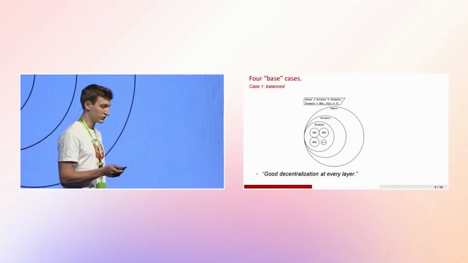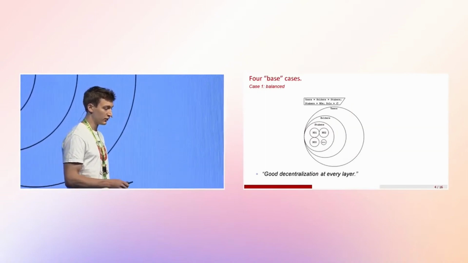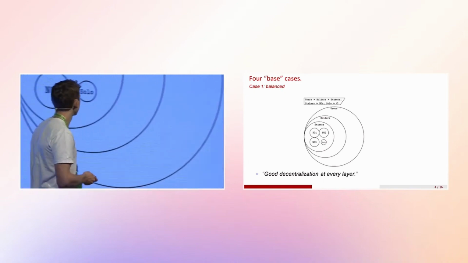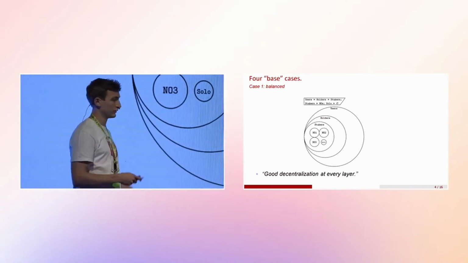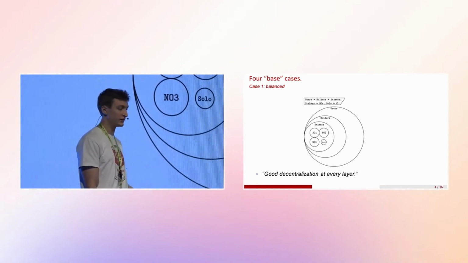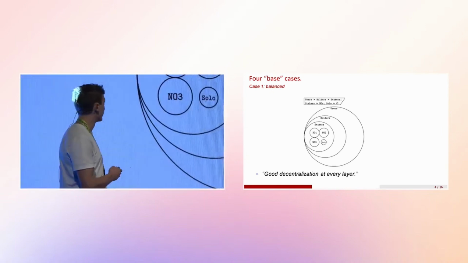Cool. So let's jump into the first of our 12 cases. This is what I call balanced. And now we're introduced to our cast of characters. First, we have our users. So this would be people who interact with the Ethereum or L2 ecosystem. They might be buying NFTs. They might be using DeFi. Holders are people who hold a significant amount of ETH.